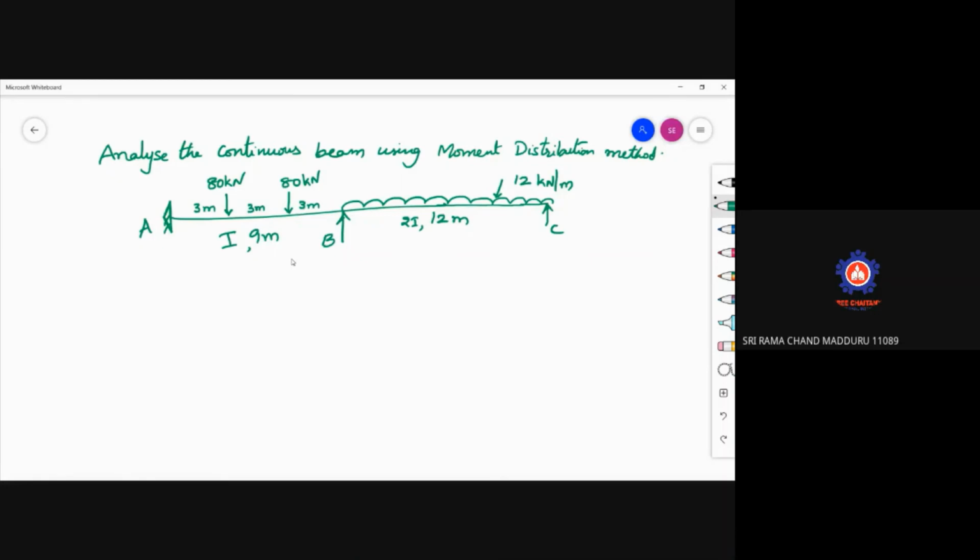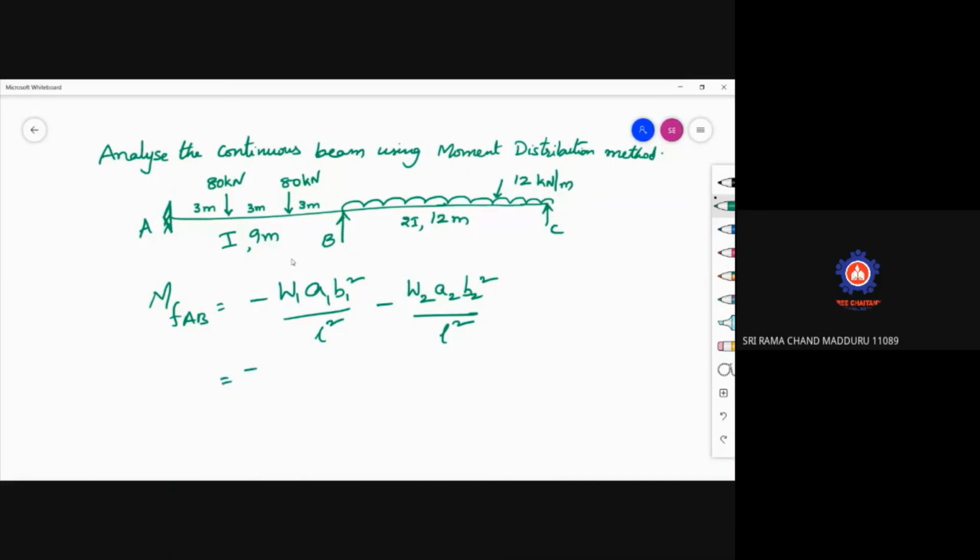When one point load is there, we know how to do that: minus WAB by L, and you can consider A as 3 meters, and B as 6 meters. With two loads, MFAB is nothing but minus W1 A1 B1 square by L square minus W2 A2 B2 square by L square.